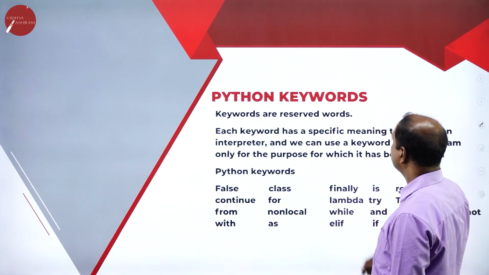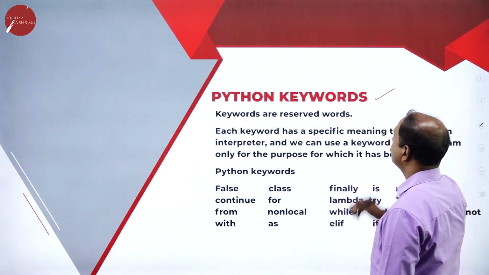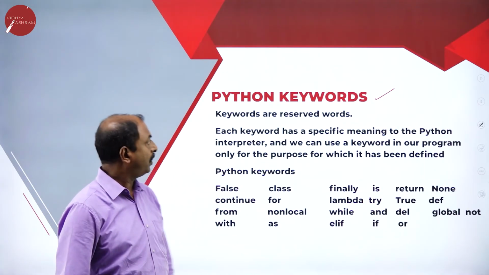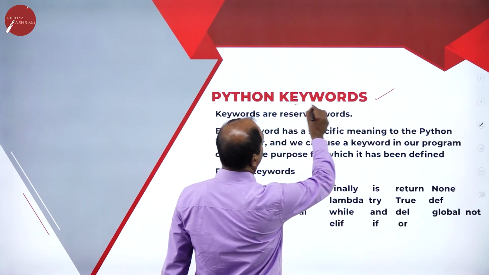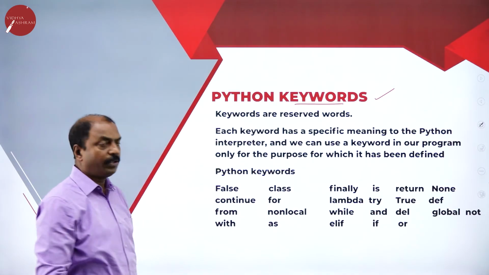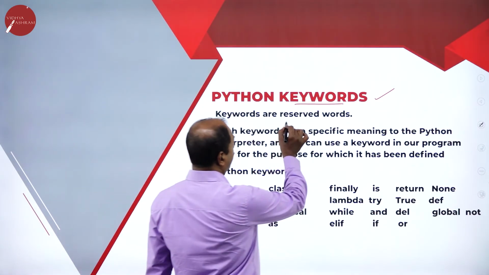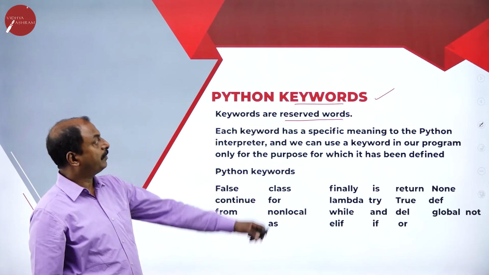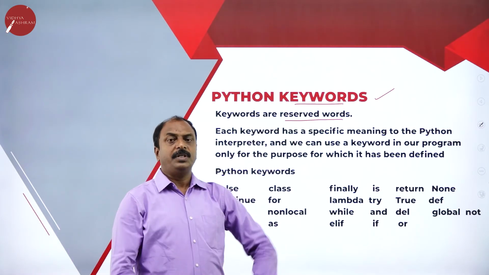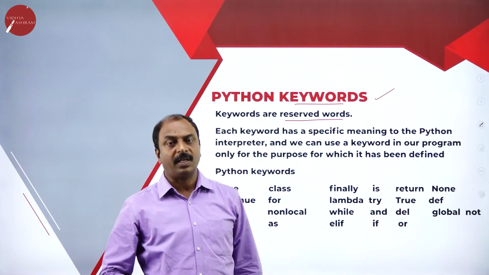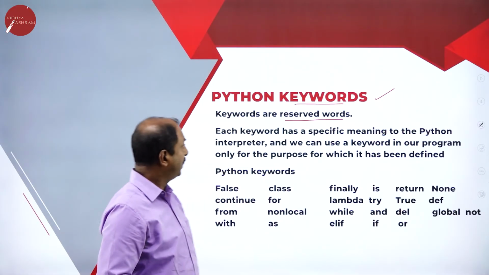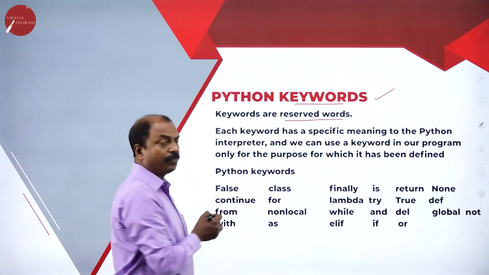Now let us learn the Python language. First, we will start with Python keywords. What are keywords? Keywords are nothing but reserved words. Another name for keywords is reserved words. Each and every language has its own set of keywords. What is the definition of keywords?